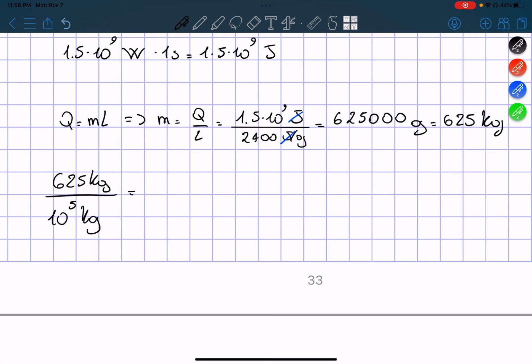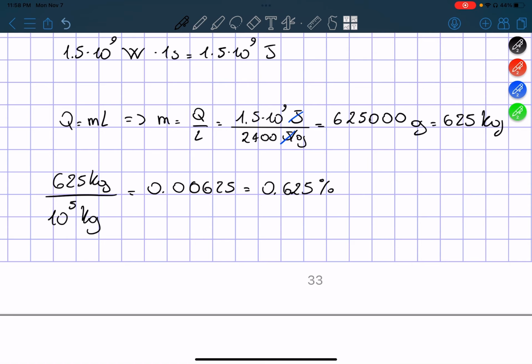So 625 divided by 10 to the power of 5 is equal to 0.00625, which is equal to 0.625%.